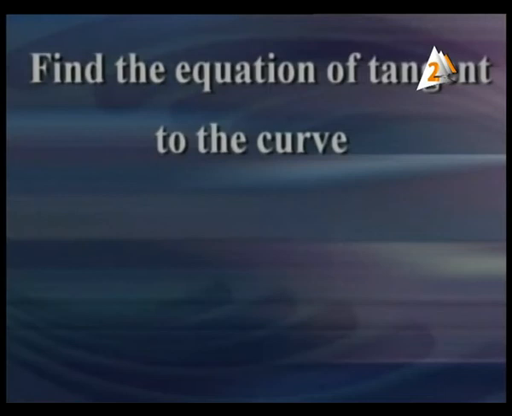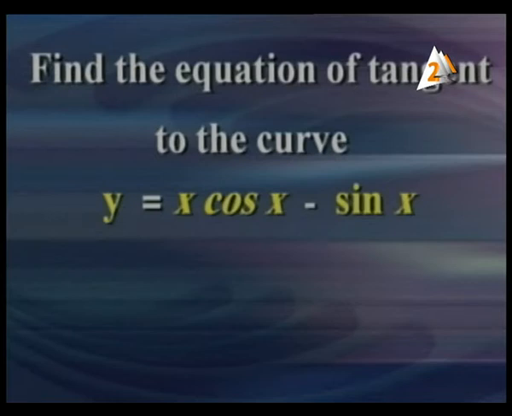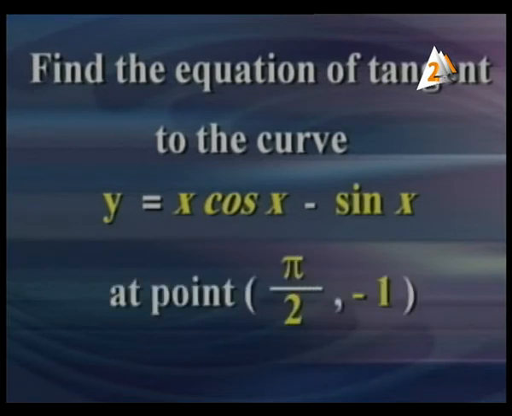Find the equation of the tangent to the curve y equals x cosine x minus sine x at the point pi over 2 and negative 1. Solution.